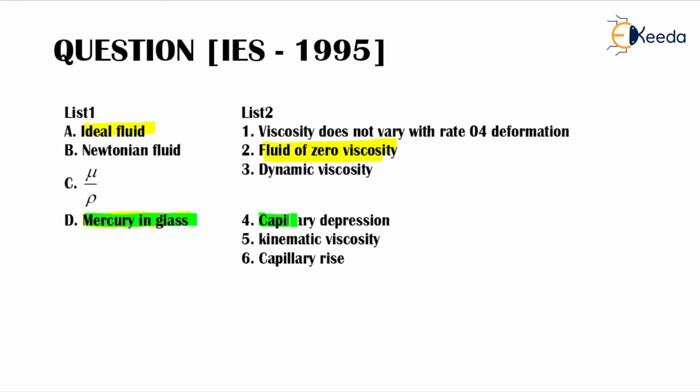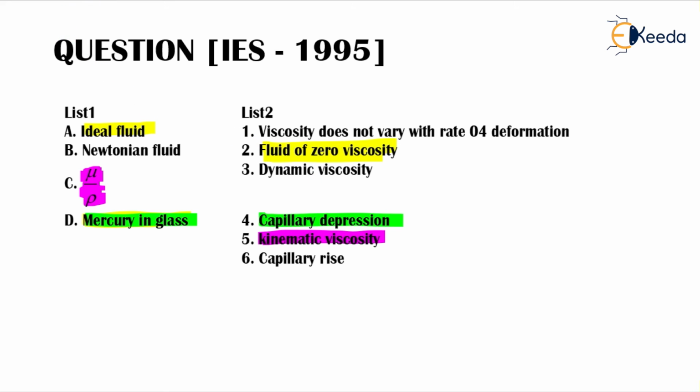So mercury will show capillary depression. We know that. Now the mu value is dynamic viscosity, but the mu by rho value is kinematic viscosity. So we can relate it with this kinematic viscosity.